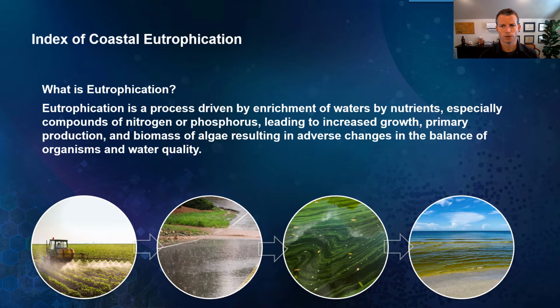So what's important here is understanding what eutrophication is, and these are impacts that are caused by anthropogenic or human activities on land, mainly in the agricultural and industrial industries.